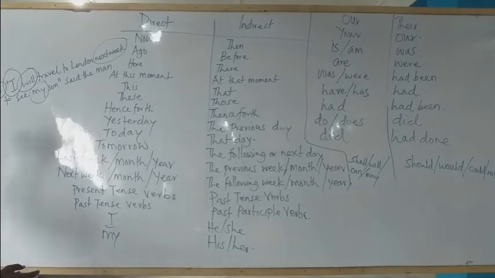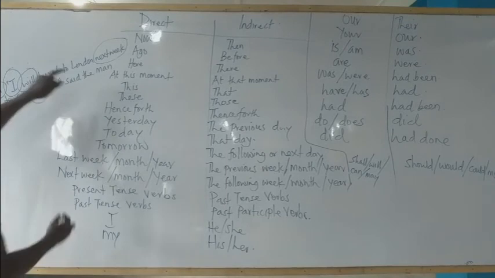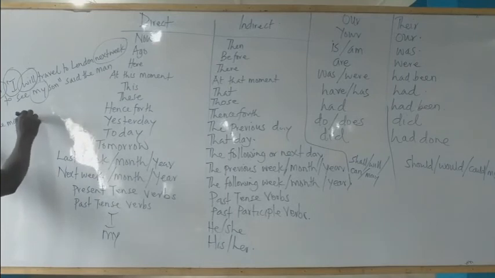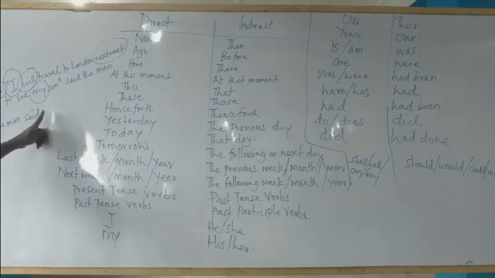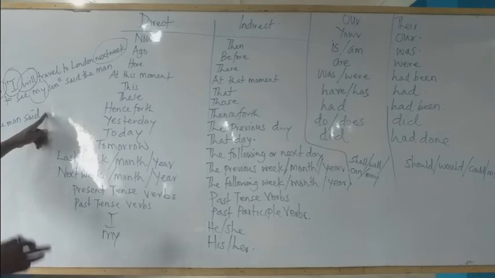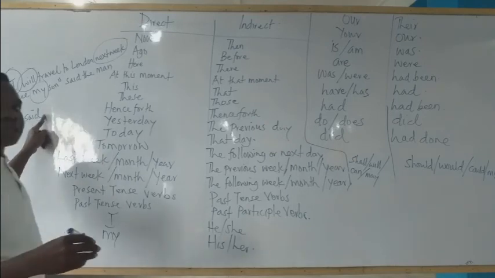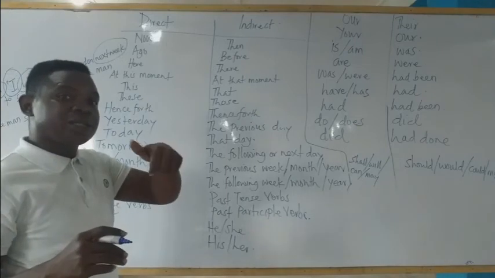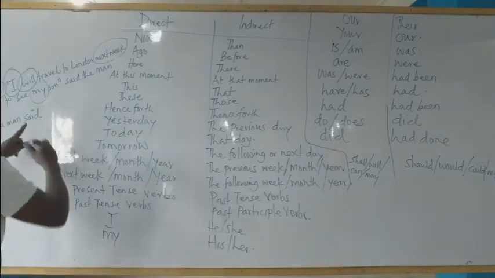So the sentence now will be, the man, in indirect form. The man said, look at it. I said indirect speech is usually expressed with that. But that is optional. So I will put that here.